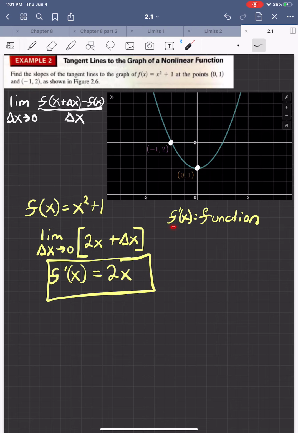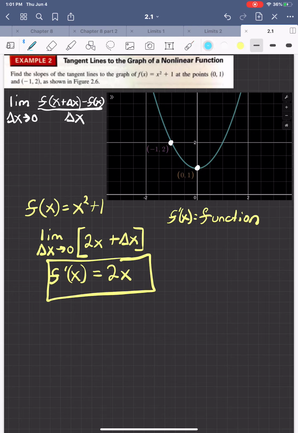A derivative is a function that gives the slope of a tangent line to a curve at a point. I'll say it again. The derivative is a function that will give you a slope. A slope of what? A slope of a tangent line to a curve at a point. So let's go ahead and finish this problem.